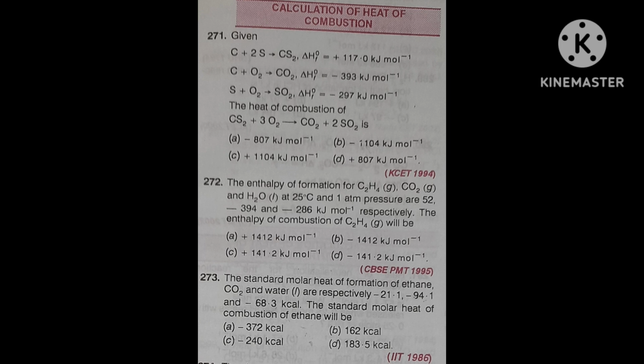You have to calculate the heat of combustion of CS2 plus 3O2, products CO2 plus 2SO2. Four options are given: first minus 807, second minus 1104, third plus 1104, fourth plus 807 kilojoule per mole.